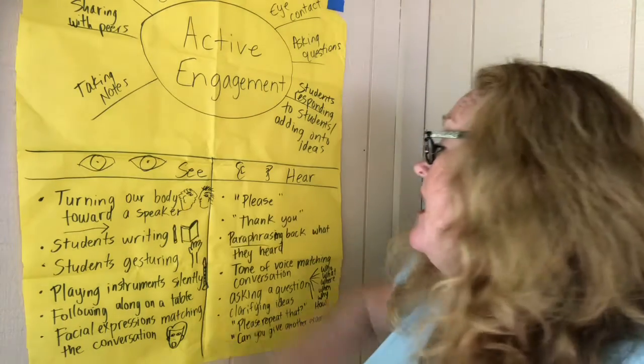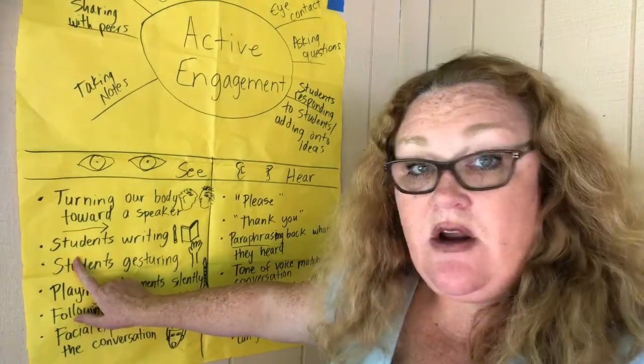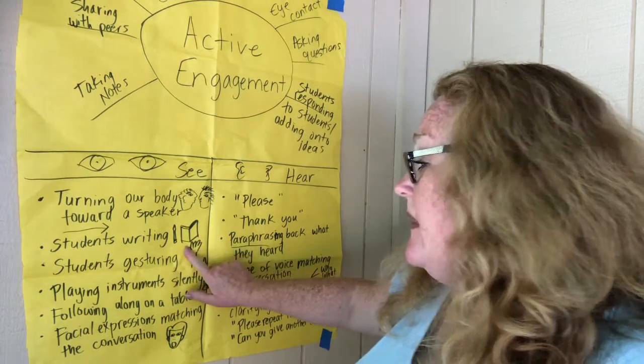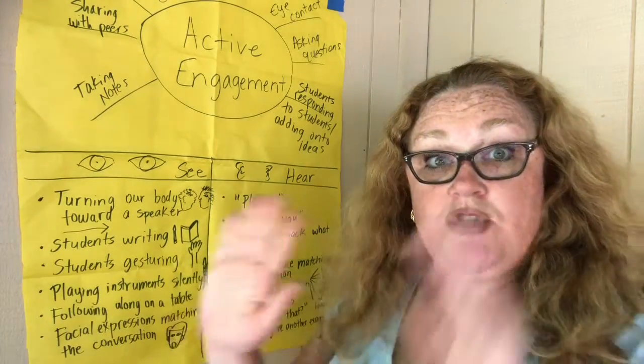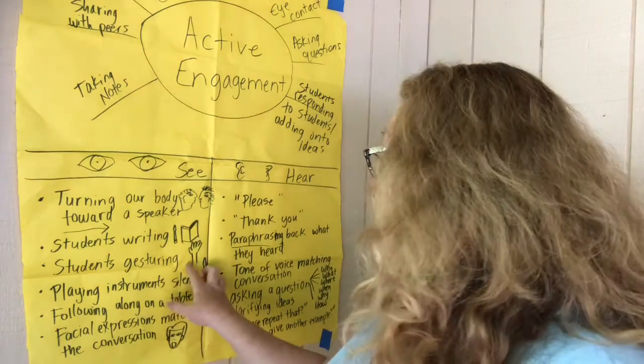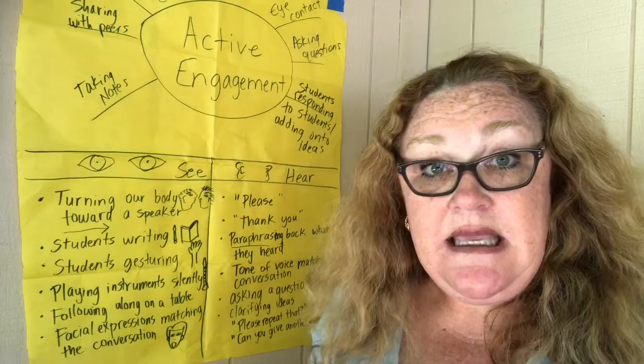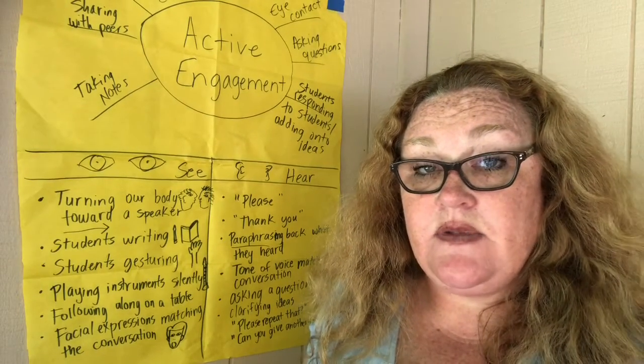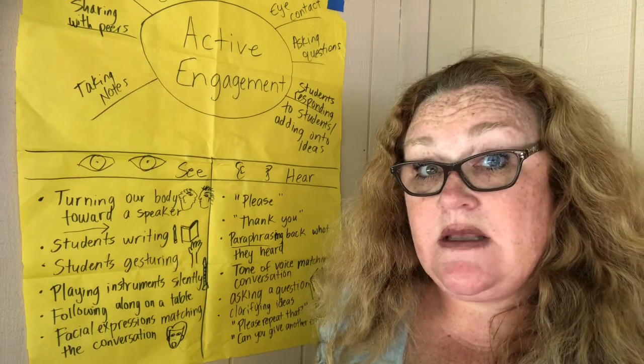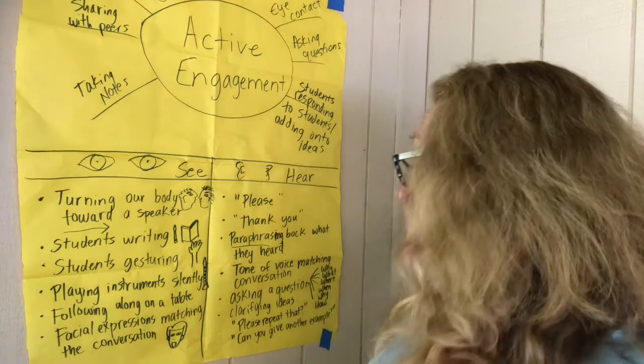Anytime we can do a little sketch on our charts and reinforce the meaning visually, that really helps all of our students. All right, so another idea shared in our class was students writing. Another sketch, students gesturing with hand movements. Another sketch, playing instruments silently, because we had a student in our college group who is getting ready to be a music teacher.